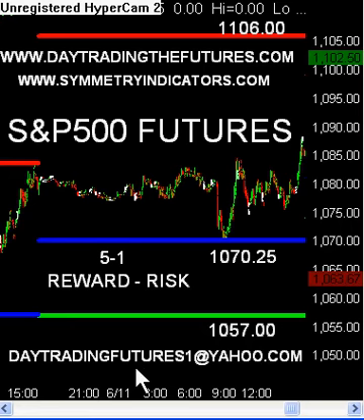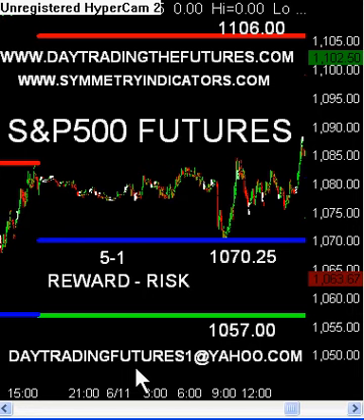Okay? So let me show you how we get a 5-to-1 risk to reward ratio. What separates us from all the other day trading rooms and from all the standard indicators like the MACD, the RSI, stochastics, all that stuff that everybody has, is these levels. What I found out over the past 20 years of trading the markets is that you really need to be trading with the hedge funds and the institutions.